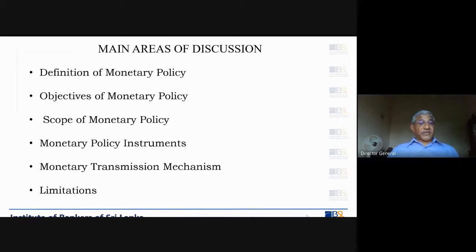So sometimes we may go to a special topic, a special lecture on the recent developments in the economy and the monetary sector, and also policies taken by the monetary board. That means what changes have been happening during the recent past with respect to monetary policy implementation by the central bank.